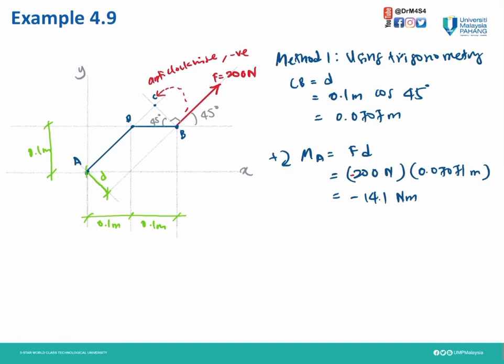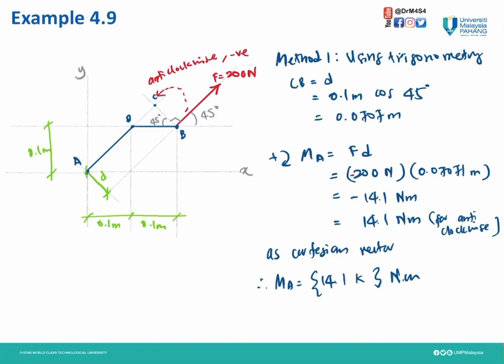Then our F is negative 200 Newton times our D, and our D is 0.070. Then we will have our moment about A is negative 14.1.